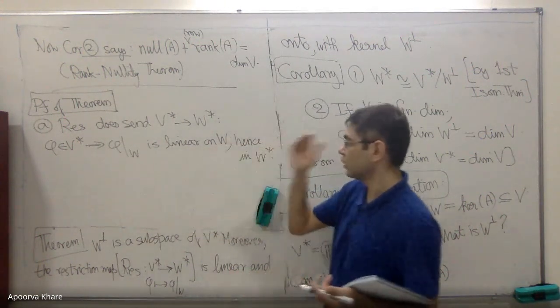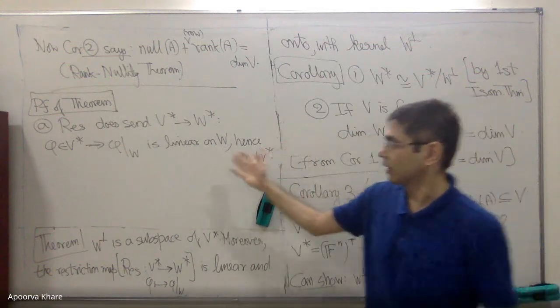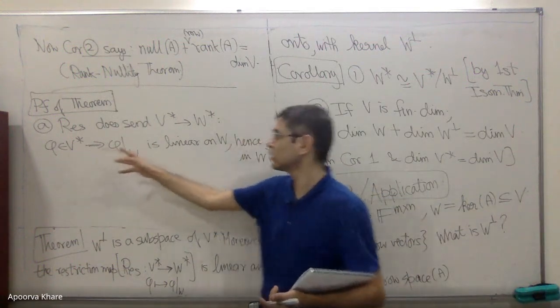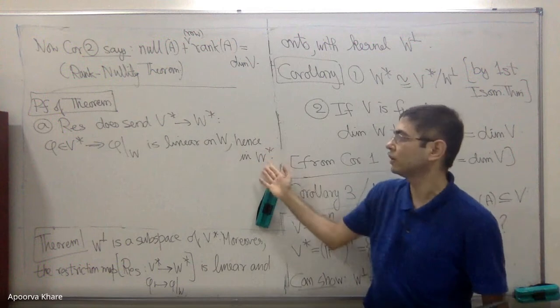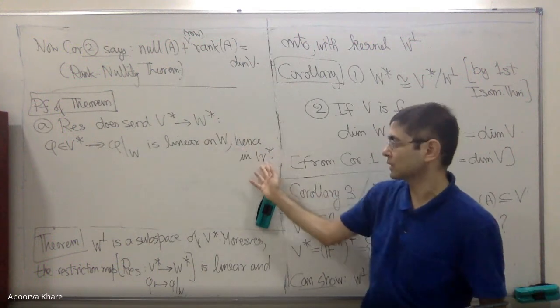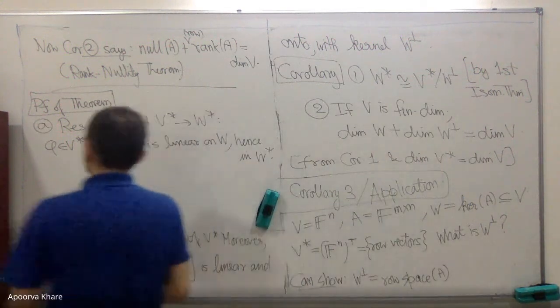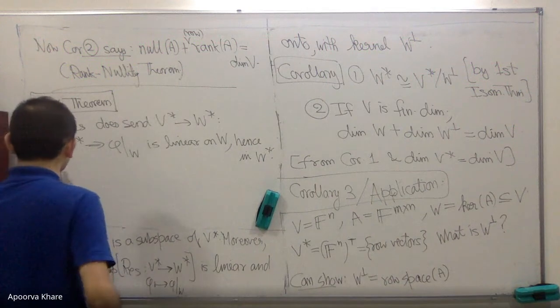So it is indeed linear on W. And everything in V went to a field element, so everything in W goes to a scalar, and therefore it's a linear map from W to the scalars. Therefore, second, restriction is linear.